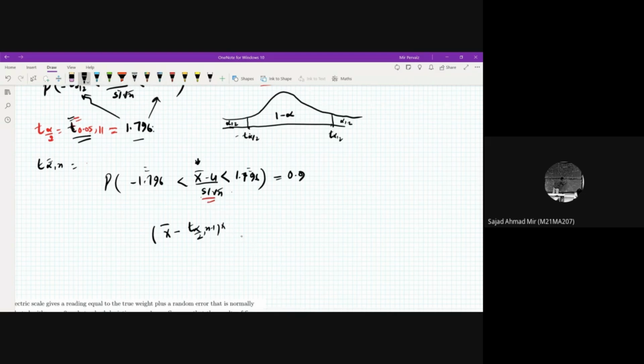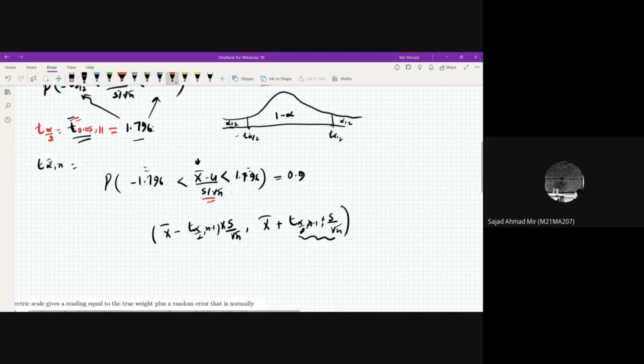Mu is our entity of interest. Then x bar plus t alpha by 2 with n minus 1 degrees of freedom, multiplied with s by root n. S you already know, t alpha by 2 you have already found, and root n is also given.